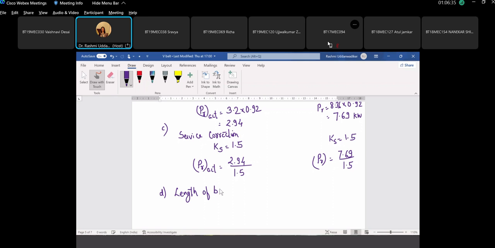The length of the belt would be different for both sections. L = 2C + π(d1 + d2)/2 + (d2 − d1)² / 4C. What is the length of the belt here?